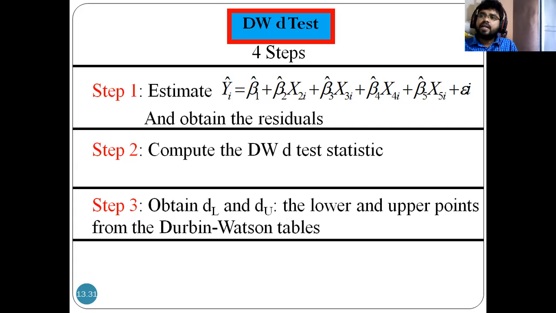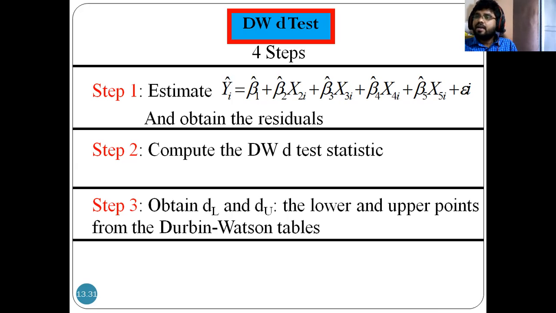After calculating the residuals, we need to calculate the DW test statistic. D is equal to the sum of (e_t minus e_t-1) whole squared, divided by the sum of e_t squared. We need to calculate that. Then after calculating the D statistic, we need to obtain DL and DU. What are DL and DU?